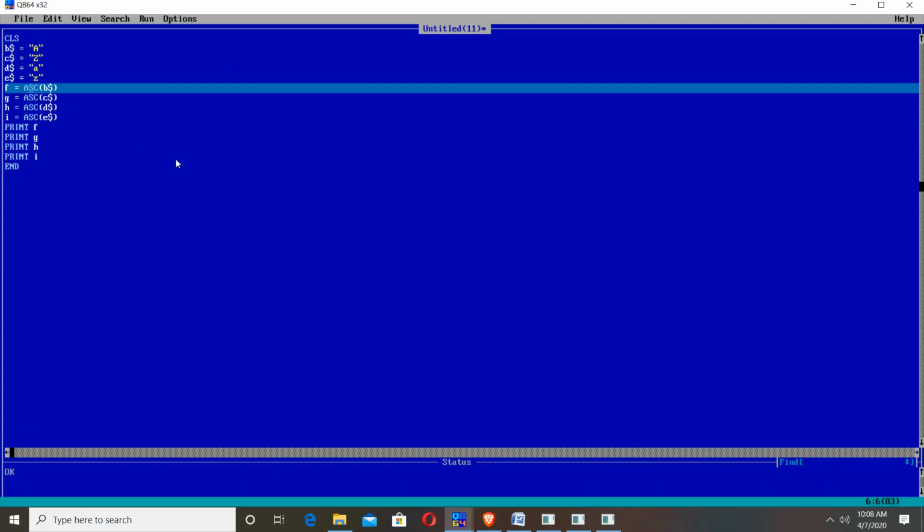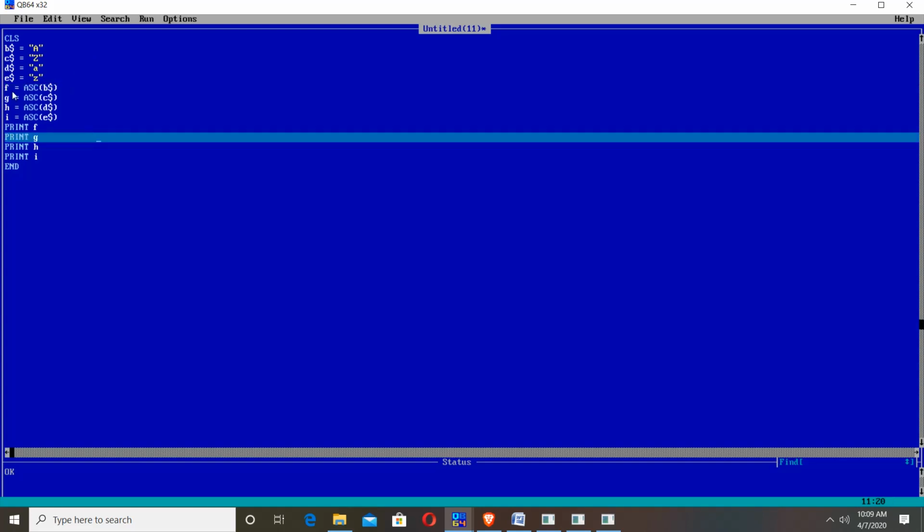The full form of ASCII is American Standard Code for Information Interchange, and it is used by the computer whenever it tries to convert any character into a number. Now what is written here? Just check the program. B$ is equal to "A", C$ is equal to "Z", after that D$ is equal to "a", and E$ is equal to "z".